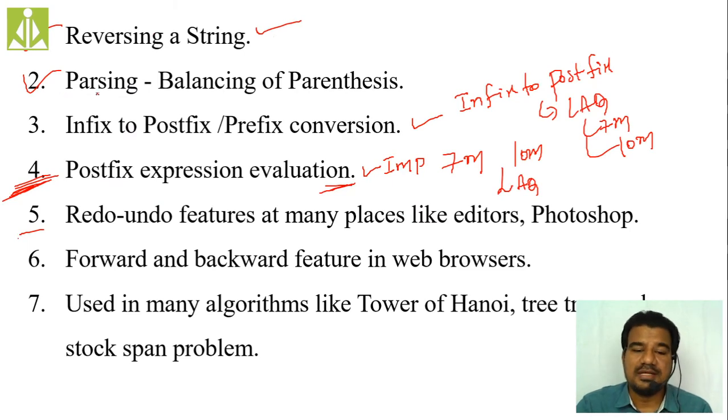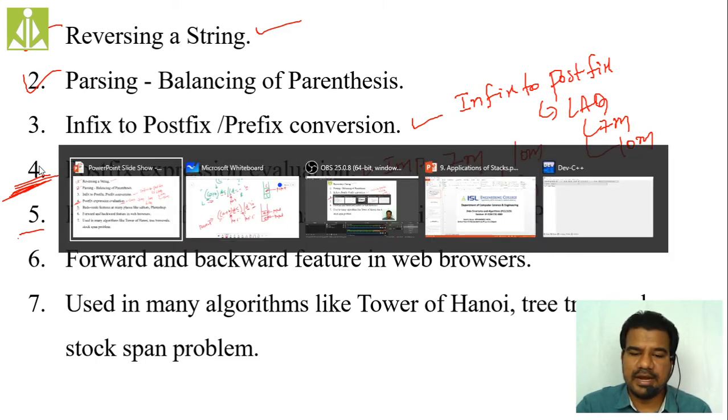Hope you understood. Then our important concept, infix to postfix and prefix conversion, we will discuss in detail, and postfix expression evaluation we will discuss in detail. Then redo and undo features, found in many places like your editors, Photoshop, all those things. So whatever I am writing, redo and undo features mean, go to your editor.